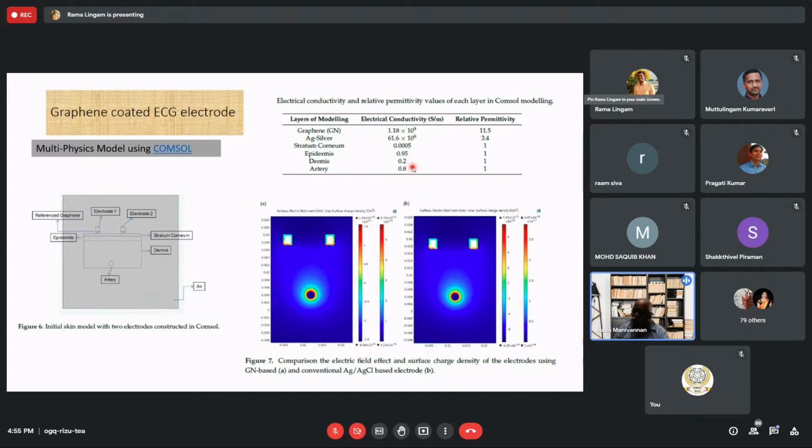There's a small difference in electric field, because with the graphene we have a slightly better electric field pattern. I'm not saying we gained big significant knowledge, but at least we can model a system on a body. Next slide, please.